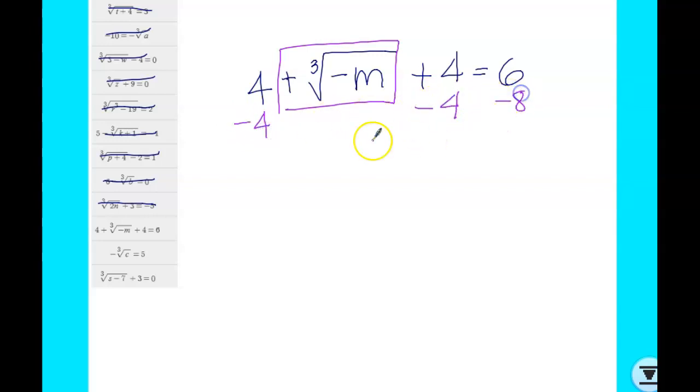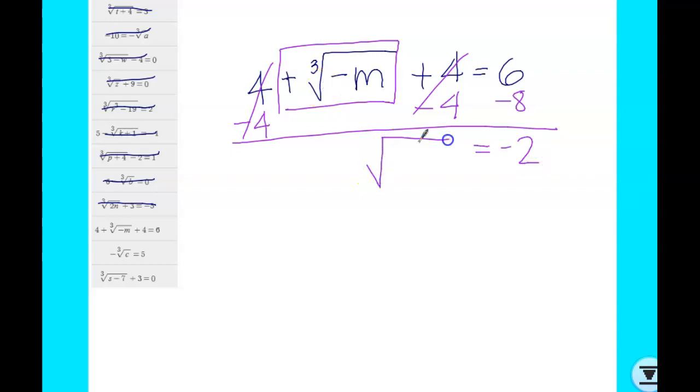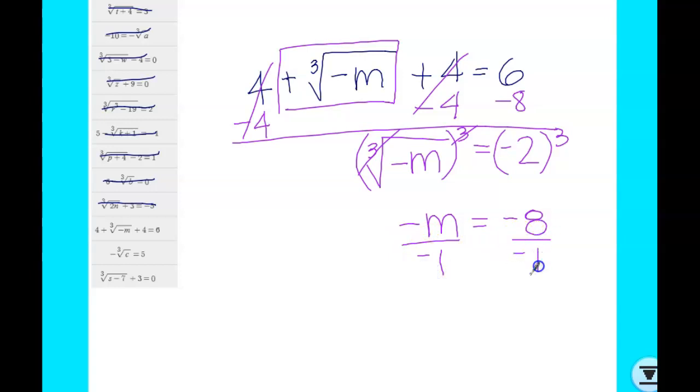And so on this side, we're going to subtract 8, because negative 4 and negative 4 is negative 8. So these add to 0. This is negative 2, and we get the cube root of negative m is equal to negative 2. So we are going to cube our cube root so that we can undo our operation here. We get negative m is equal to negative 8. And I want this to be a positive, so I'm going to divide both sides by negative 1, and we get m is equal to 8.